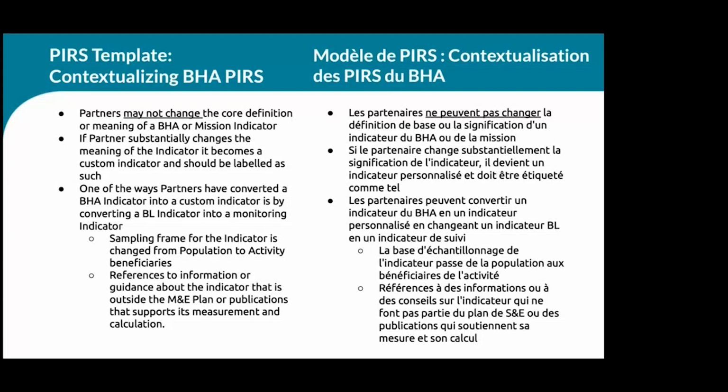Some examples of ways that partners have used a BHA indicator to come up with a custom indicator is, for instance, by converting a baseline endline indicator into a monitoring indicator, or changing the sampling frame, or from whom the data is collected, from population-based to activity beneficiaries. But each custom indicator PIRs will require all of this information.